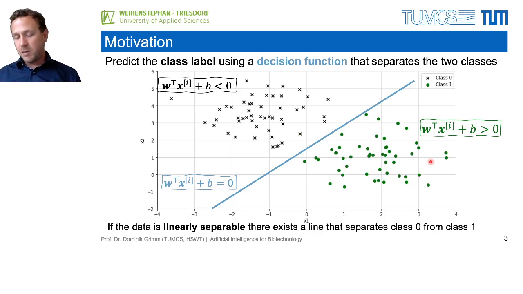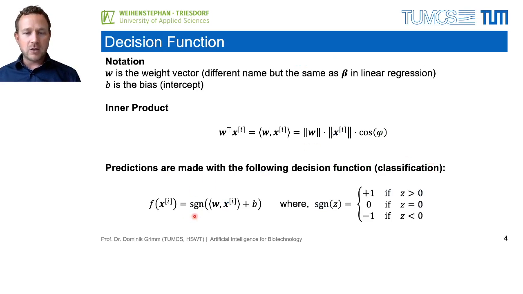This can be mathematically expressed using the sign function. The sign function is 0 if z is 0, it's plus 1 if z is greater than 0, and it's minus 1 if z is less than 0. So we can say our function for our sample x_i gets classified using the sign of this linear function, and if it's less than 0, we classify the point to be in class -1, otherwise in class +1.